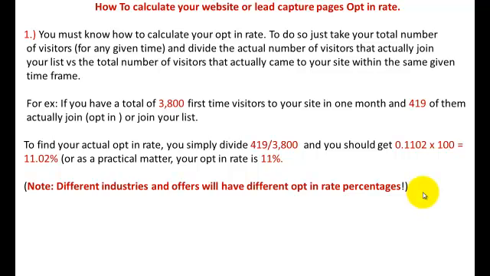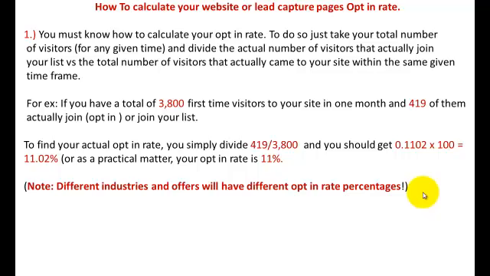Different industries and different offers will have different opt-in rate percentages. So don't have it set in your mind that just because you hear somebody say you should average over 10% opt-in rate or over 20%, or they have a 43% opt-in rate, that's for their specific industry, that's for their specific subscribers, and that marketer, that man or woman, could be extremely experienced, been online 10 years, and know all types of strategies and techniques that you and I may not be aware of at this particular time.